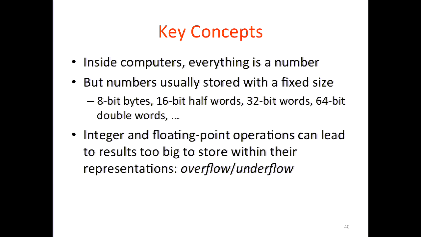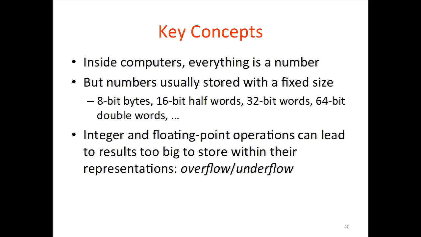And if you start doing integer arithmetic or floating point arithmetic operations, because of this limitation in how many bits we use to represent a number, you may end up with weird corner cases called overflow or underflow, where the number that you get is not really going to be the right calculation.